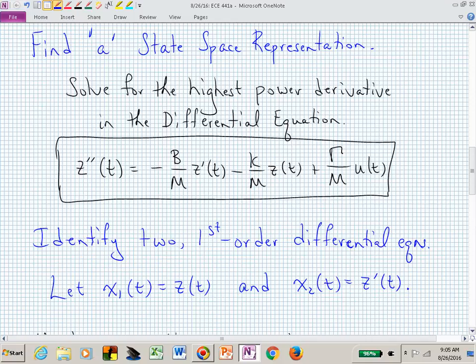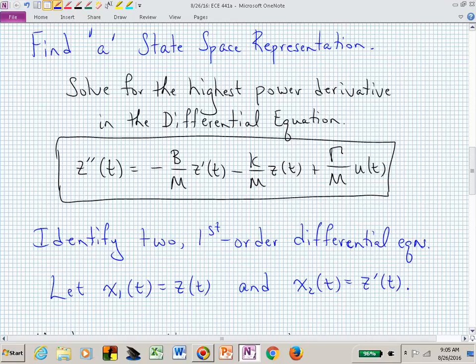So we go x1 is z, that's the position, x2 is velocity, and then we start checking. What if I differentiated x2? That would give me the derivative of velocity, which is acceleration, and that's all that I need.